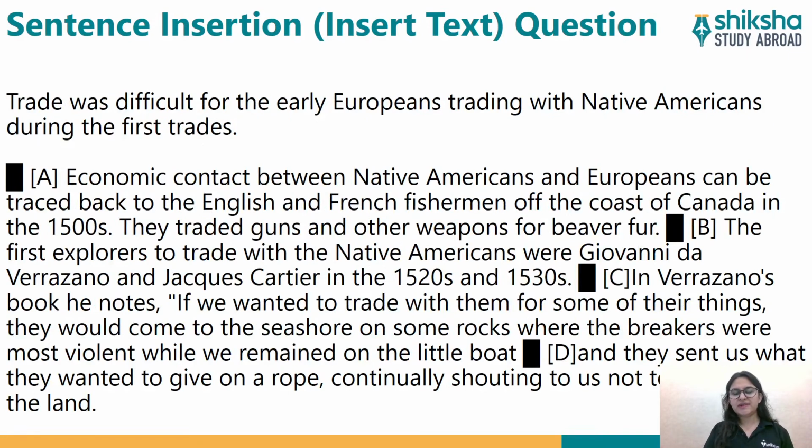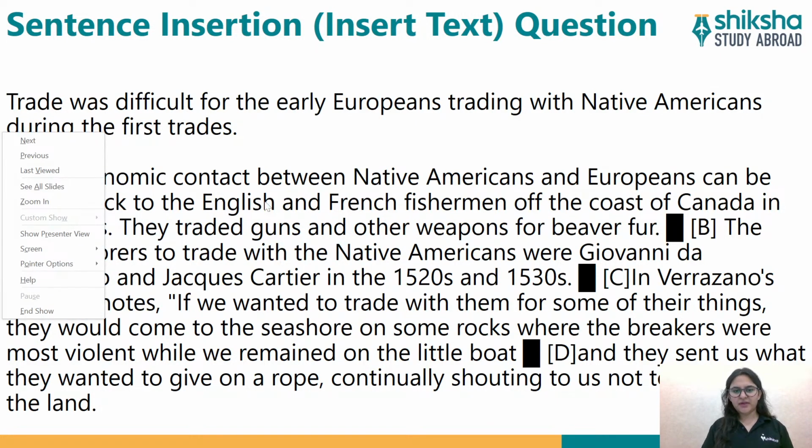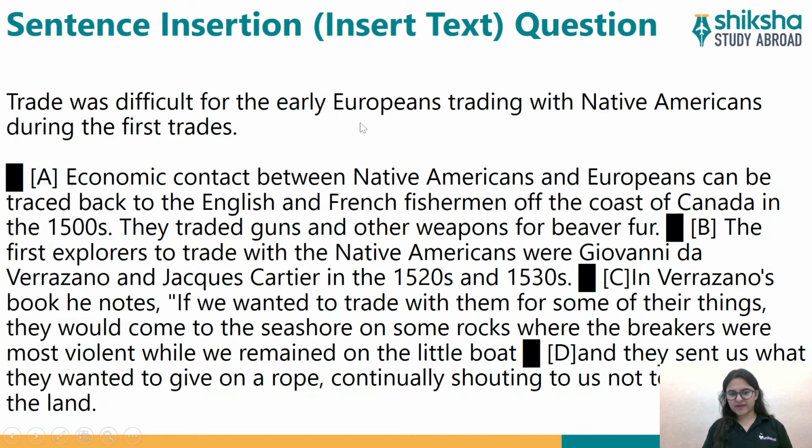Now if I talk about the sentence insertion or insert text question, we did this kind of question day before yesterday. There were four black boxes, or black squares, given in the passage itself in the reading exam.